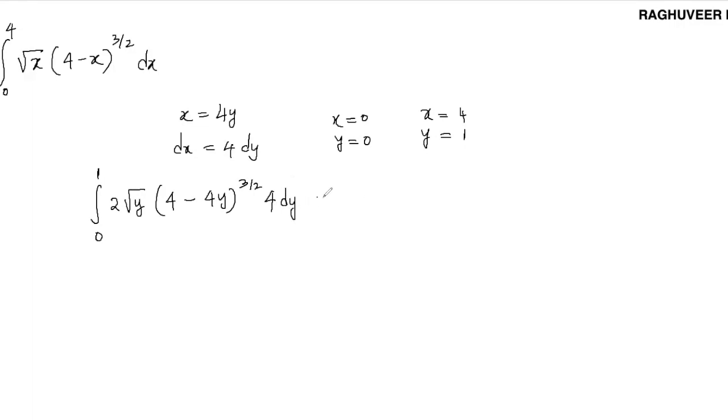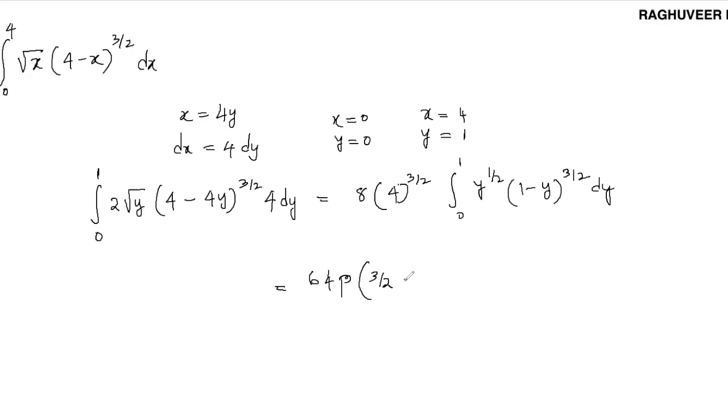Okay, so which is 8 multiplied by 4 to the power of 3 by 2 integral 0 to 1, y to the power of half, 1 minus y to the power 3 by 2 dy. Okay, so that would be 64 beta 3 by 2 comma 5 by 2. Okay.